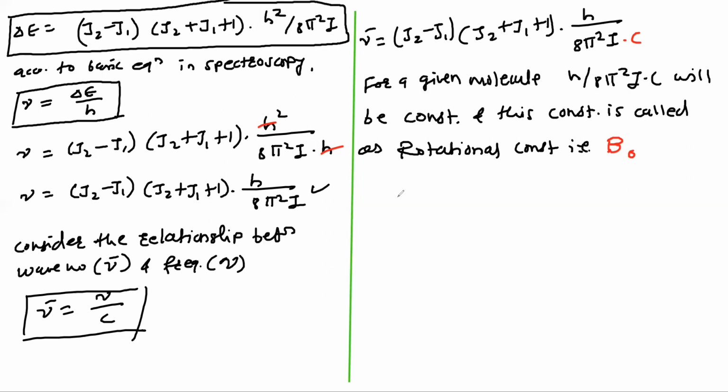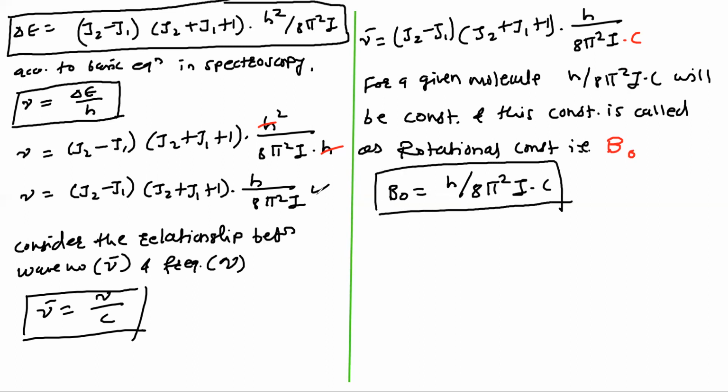So we can say that B0 is nothing but h upon 8 pi square I c. So the above equation will be written like this: mu bar is equal to J2 minus J1, J2 plus J1 plus 1 times B0.